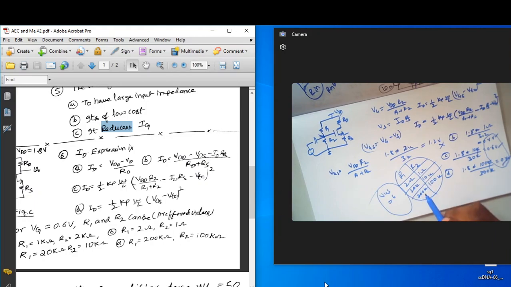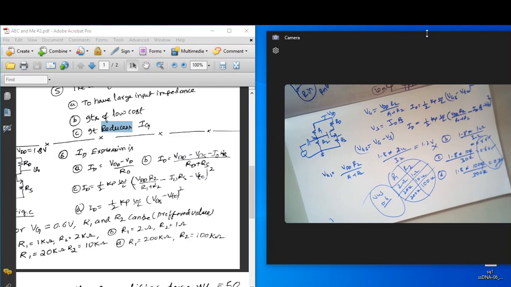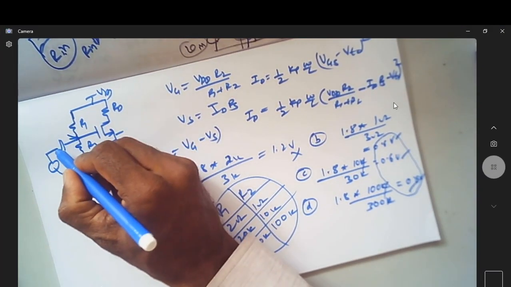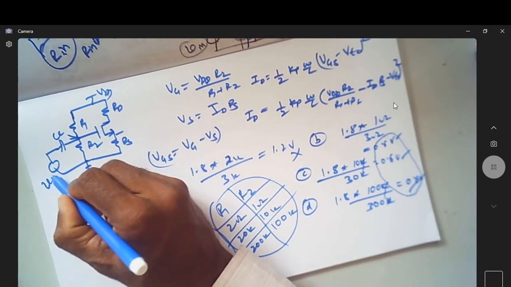So now the preference comes from the fact, not in order to get the value of VGS, but one more option I need to find. Since it's an amplifier, I am also looking at one more specification: can I have the input impedance of this amplifier also more? So this is my Vin.